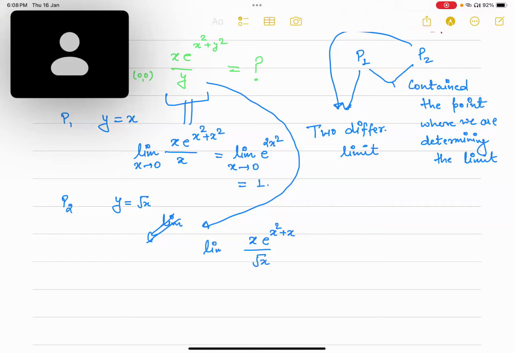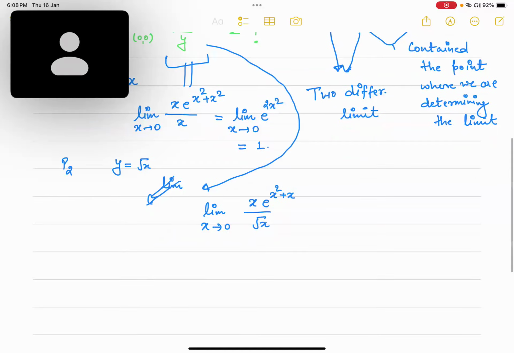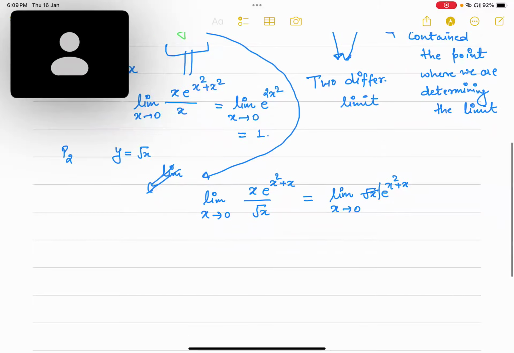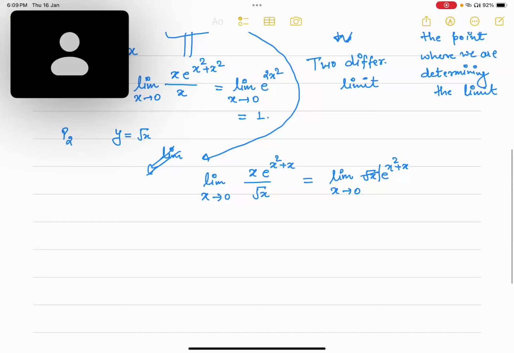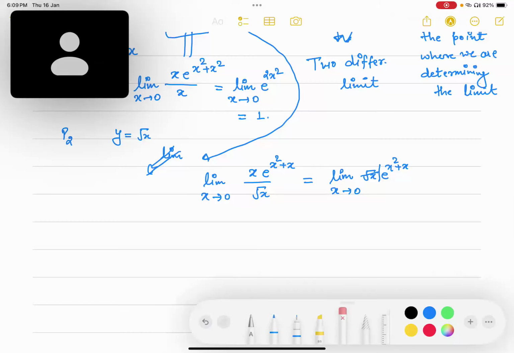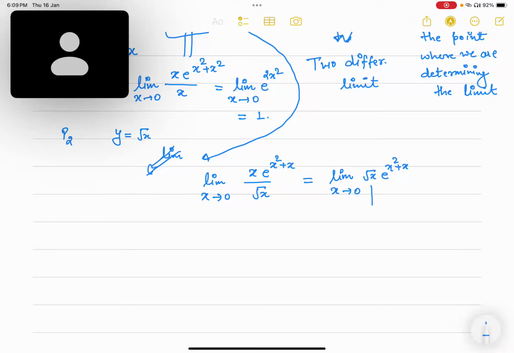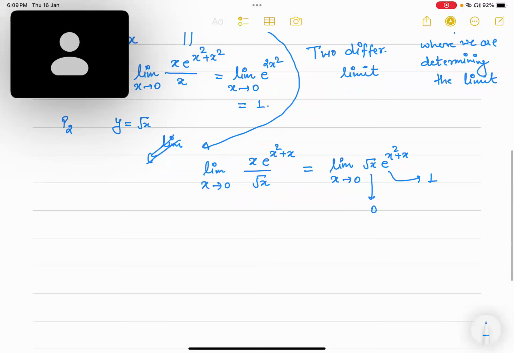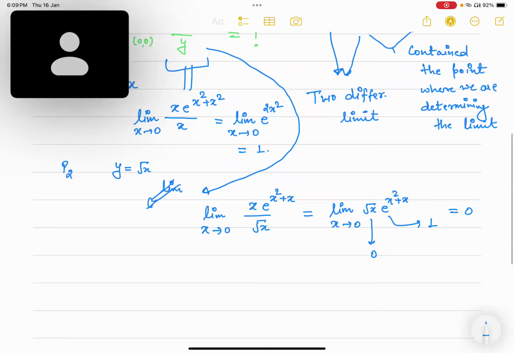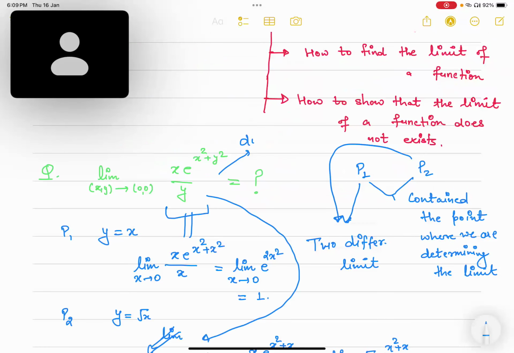There is no y, so the limit as x tends to 0 is limit of √x e^(x²+x). As x tends to 0, the √x part goes to 0, and the exponential part goes to 1. So in total, this limit will be 0. So what can we say about this limit? It does not exist.